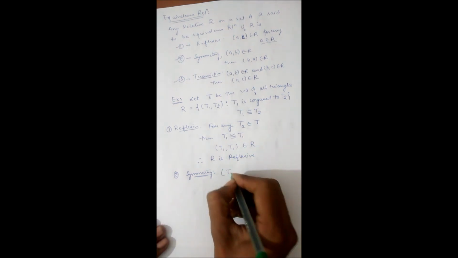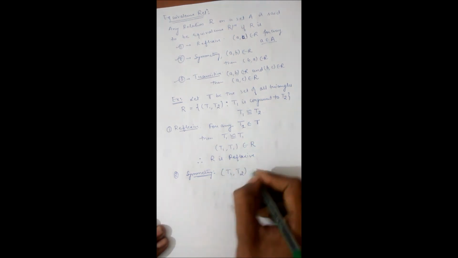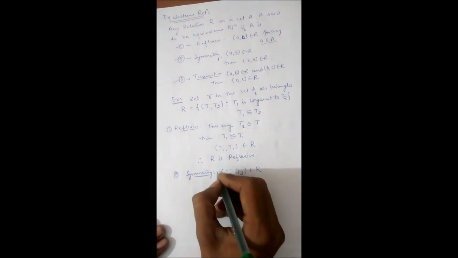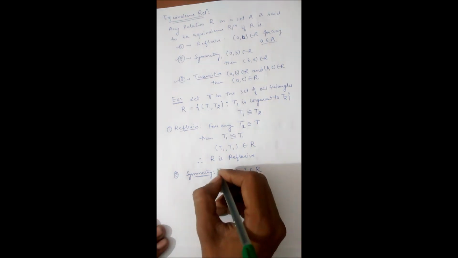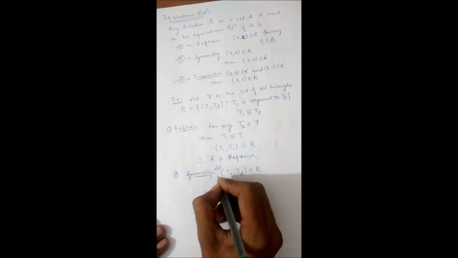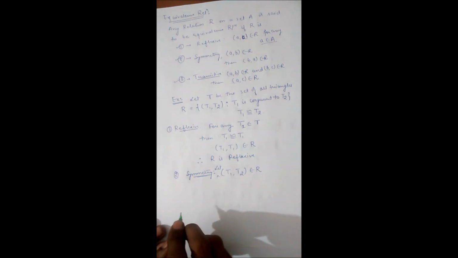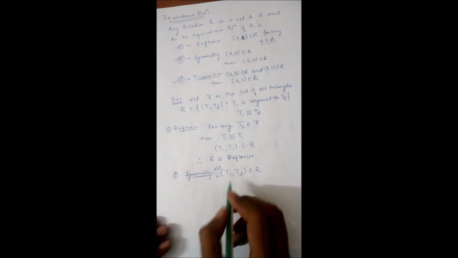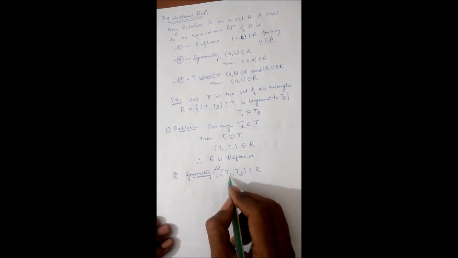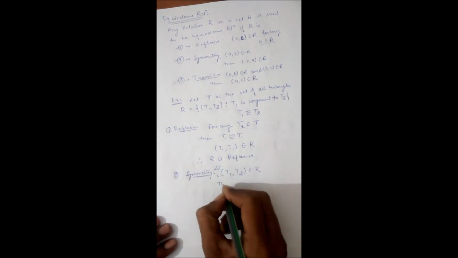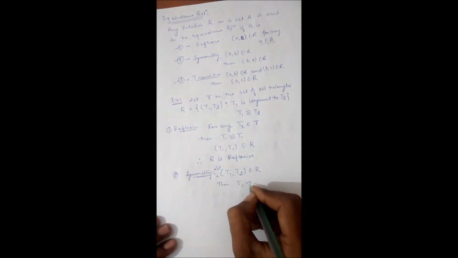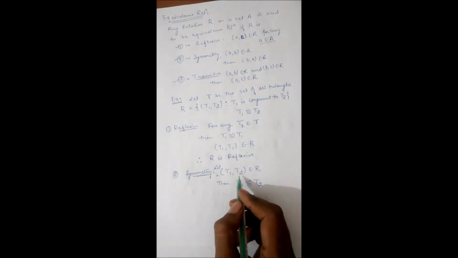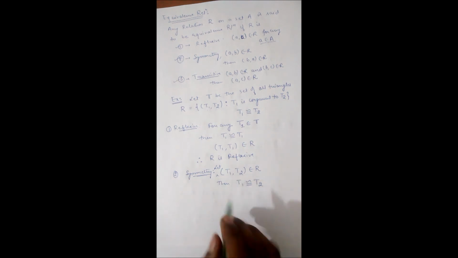That any arbitrary ordered pair T1 comma T2 belongs to R. We will suppose this. We will say let T1 comma T2 belong to R. We have no idea about T1 or T2, what this could be. But we only know one thing, that if T1 and T2 belong to R, then T1 is 100% congruent to T2. Otherwise, this ordered pair T1 comma T2 cannot belong to R.